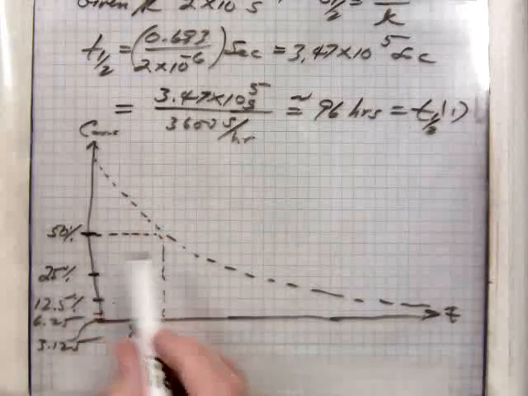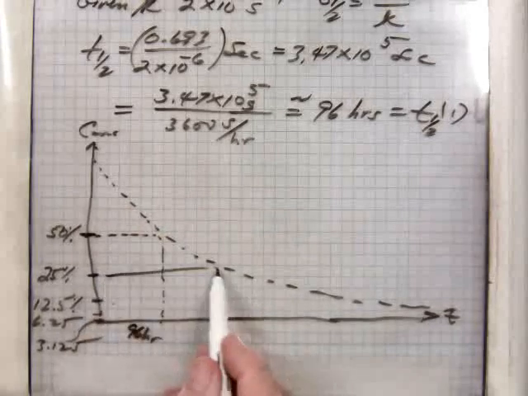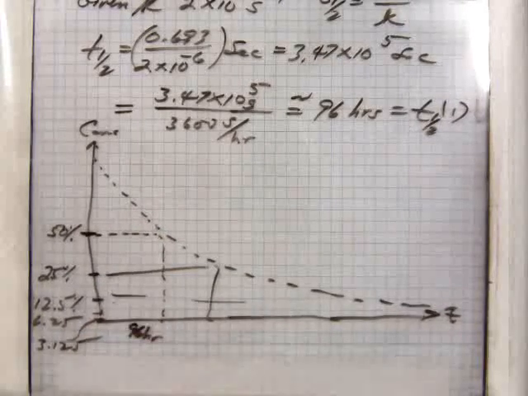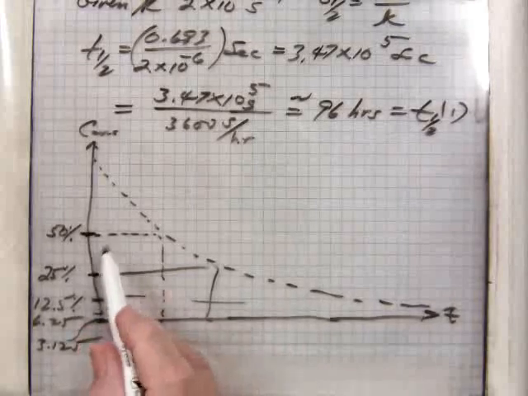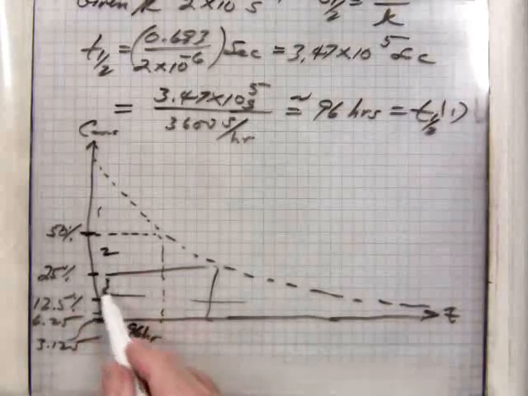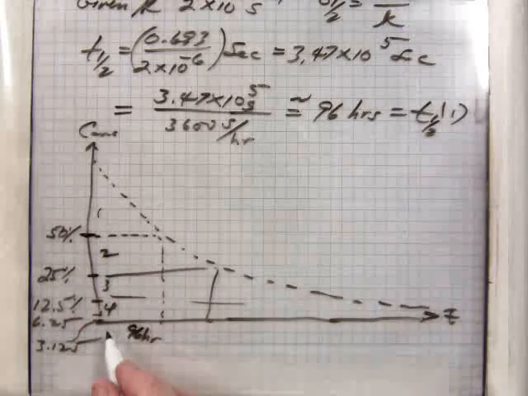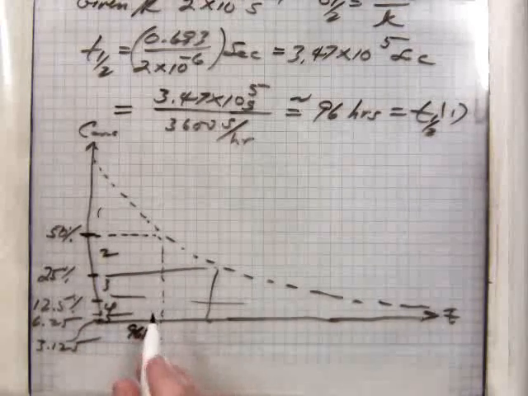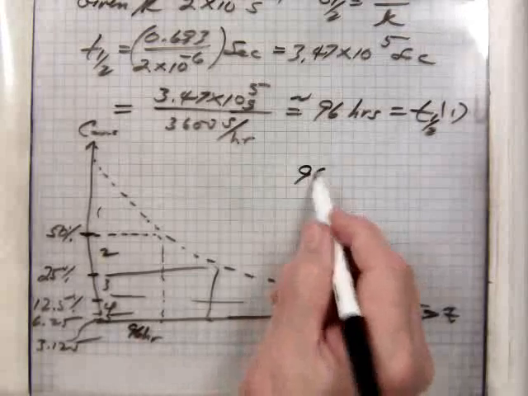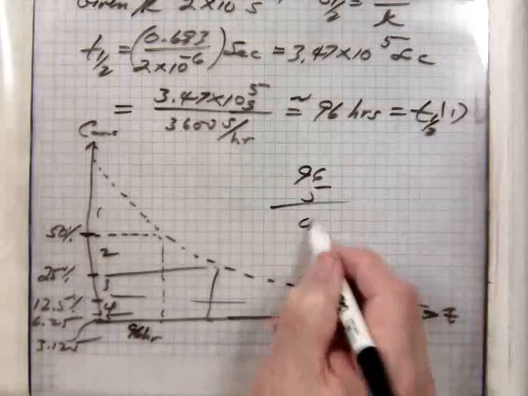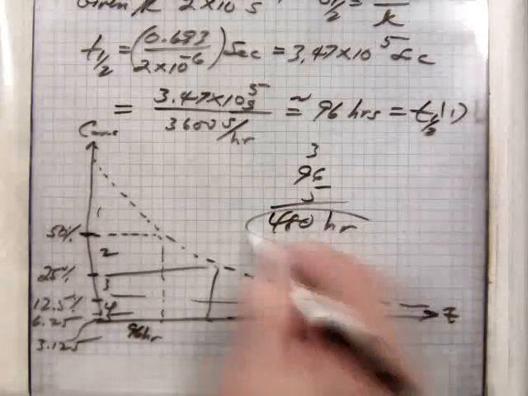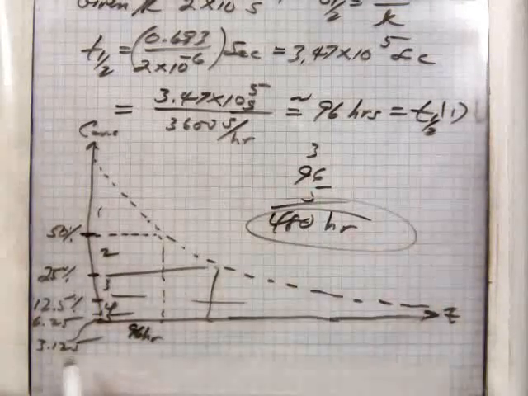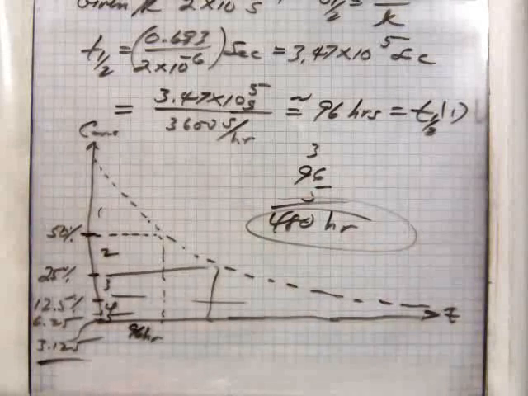Well, we can extrapolate over and get number 2, and then 3, 4, 5, and 6, but really you can do them from here too. There's the first one, second one, third, fourth, and fifth. So it's 96 times 5, 480 hours to go down to this smallest amount remaining.